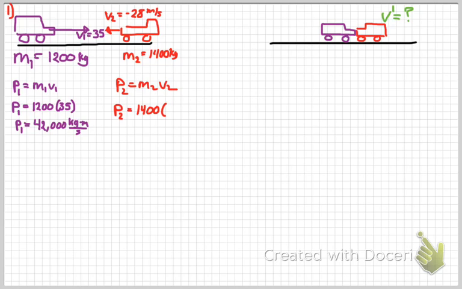The second car's velocity is negative 28. You have to recognize that since the second car is going to the south, it's moving in the opposite direction as the first one, so you have to recognize to make that momentum negative. So that gives you a momentum of negative 39,200 kilogram meter per second.